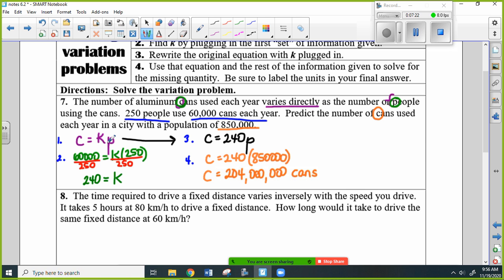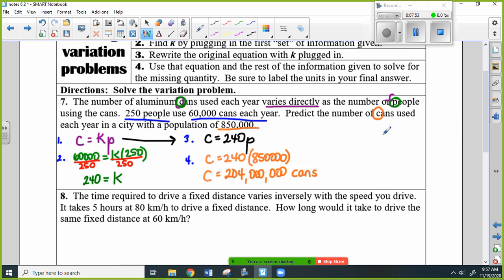Then you should look for a pair or a set of information that goes together and plug that in, and that will help you find K. Then you need to take the time to rewrite the original equation with just the K plugged in, because then you get to use that equation to answer whatever the final question is. Okay? Any questions?